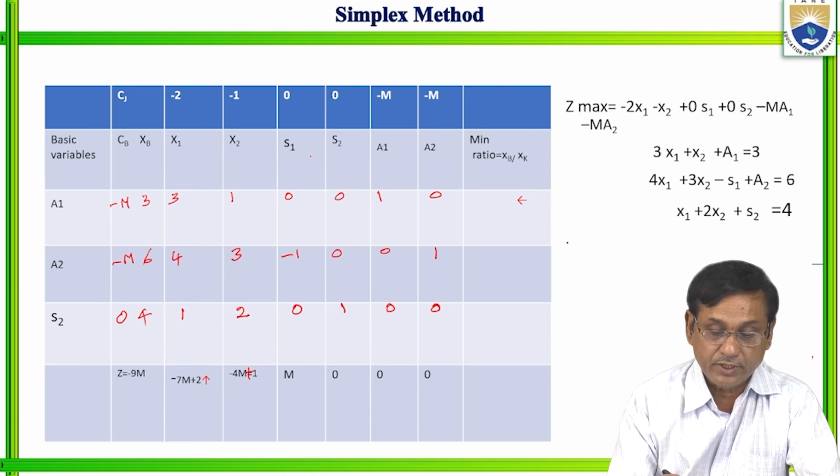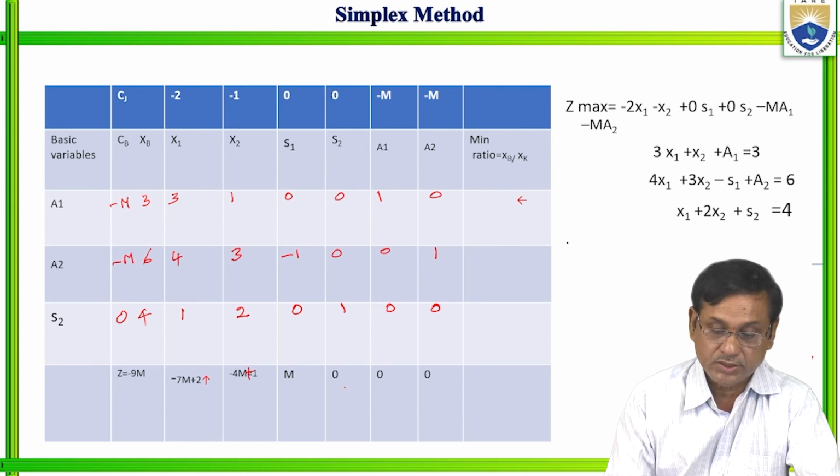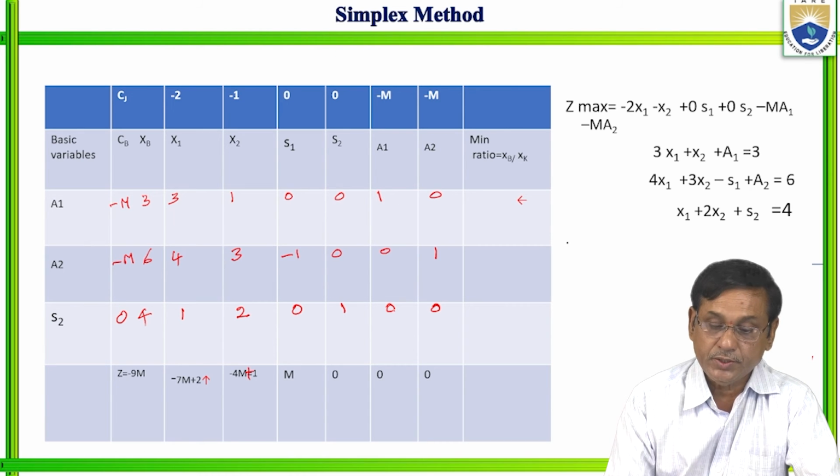Then S1 coefficient. So -M into 0, -M into -1 is +M, minus of 0 is M here. Corresponding to the S2, -M into 0, -M into 0, 0 into 1, that is 0 here. Then corresponding to the A1, -M into 1 is -M, -M into 0, 0 into 0, minus of -M is +M, -M plus M will be cancelled, so that we are getting 0 here.